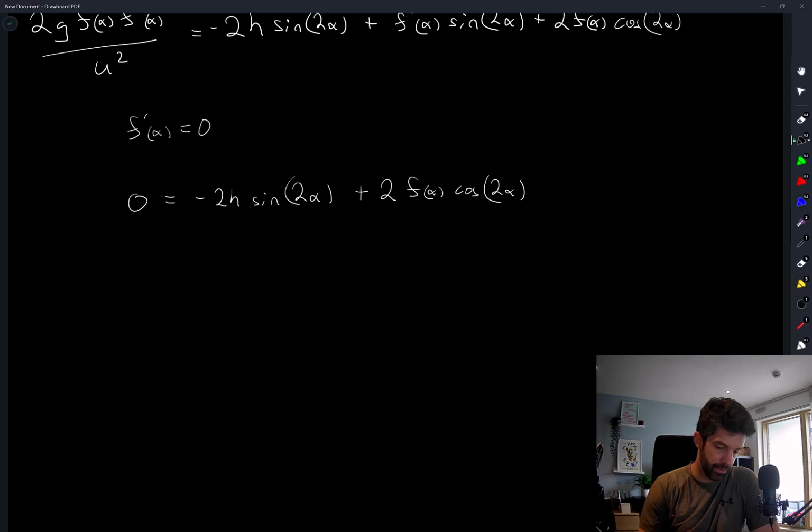And we see now pretty much exactly what we want. If I rearrange this, I have f of alpha is equal to, 2 cancels, h tan 2 alpha. That is what we want, right? In fact, maybe I call this alpha star, the maximizer.